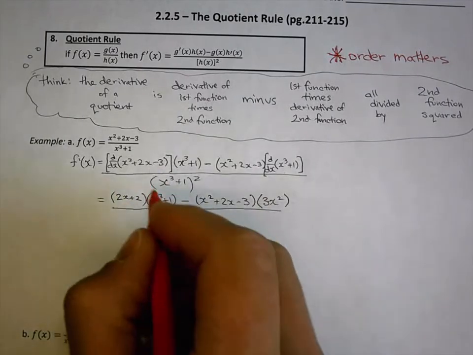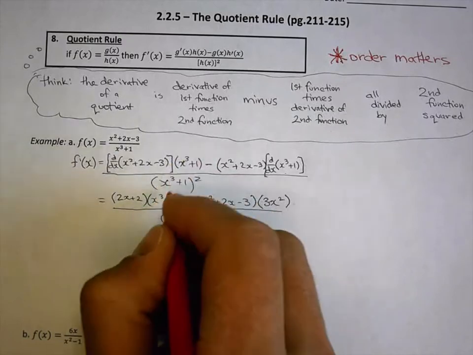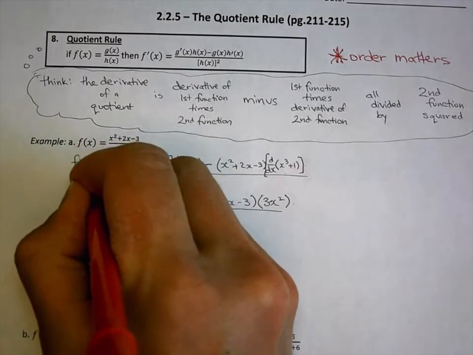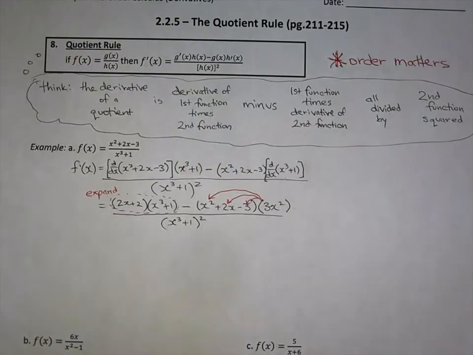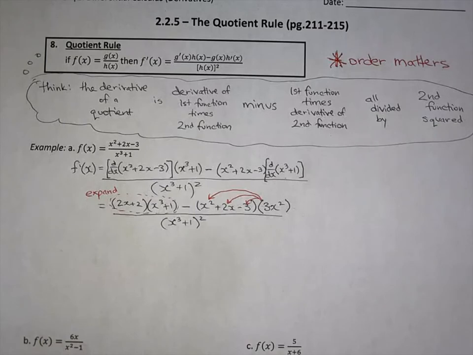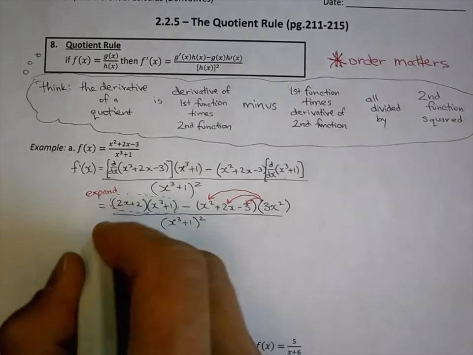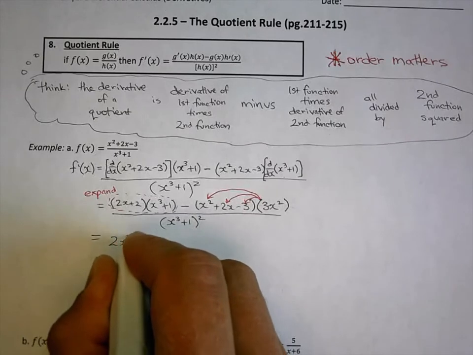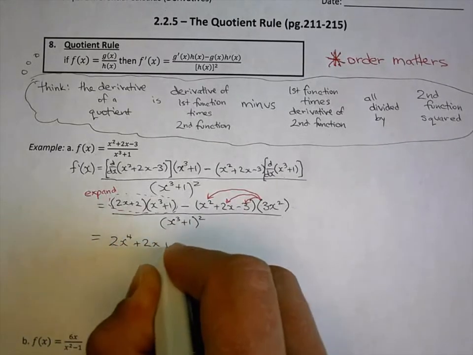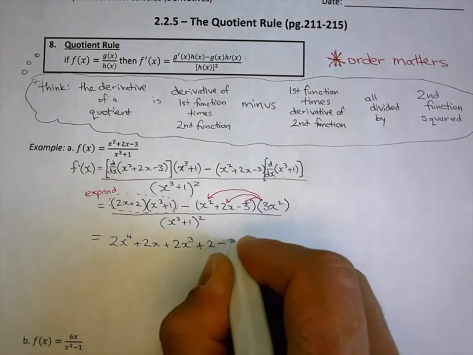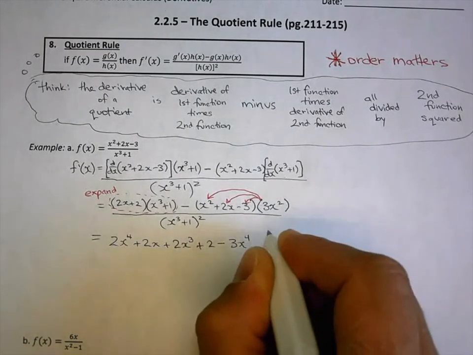What I'm going to do is, okay, I have to expand this, or FOIL this. And I have to distribute the 3x squared to each of these terms. So let me do this. Again, this is just algebra now. So this is 2x to the power of 4 plus 2x plus 2x cubed plus 2 minus 3x to the 4.